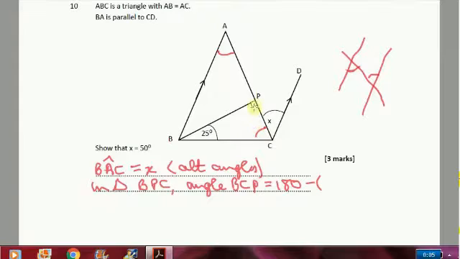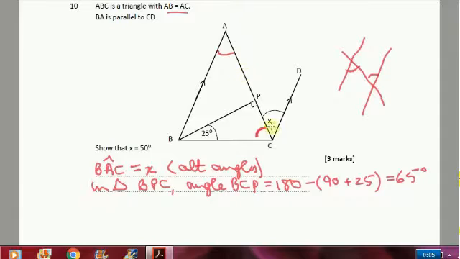And the other two are 90 and 25. So 180 minus 115 comes to 65 degrees, which means that angle BCP is 65.